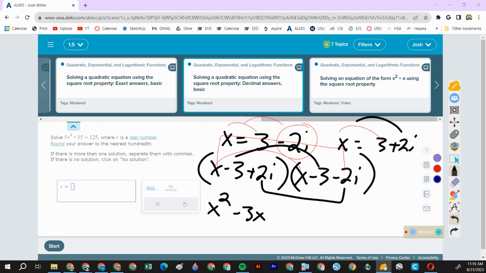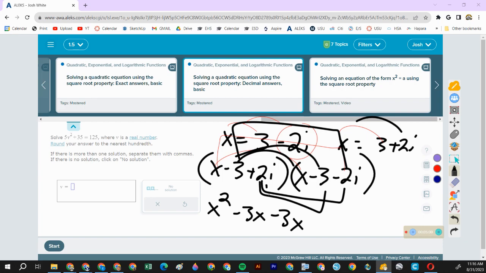Right? The negative 3's are not opposite, so this gives me negative 3x. But this one and this one are also opposites. So I'm going to skip it. X times... Oh, I drew that wrong.